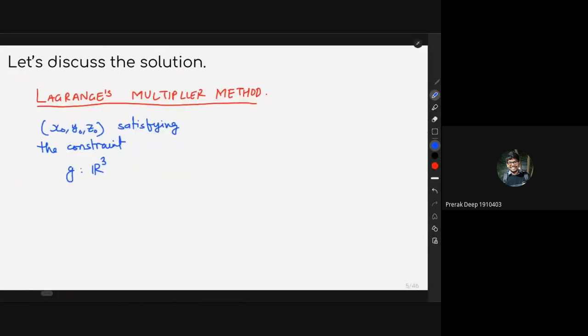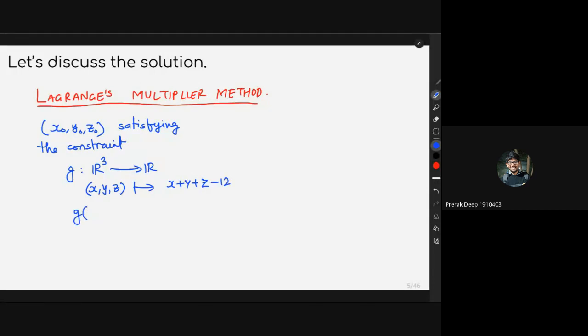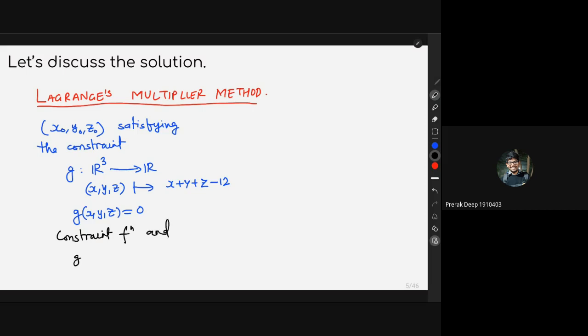This function can be defined as (x, y, z) going to x plus y plus z minus 12. The constraint is satisfied when this function is 0. So we'll call this function the constraint function, and g being equal to 0 is the constraint.